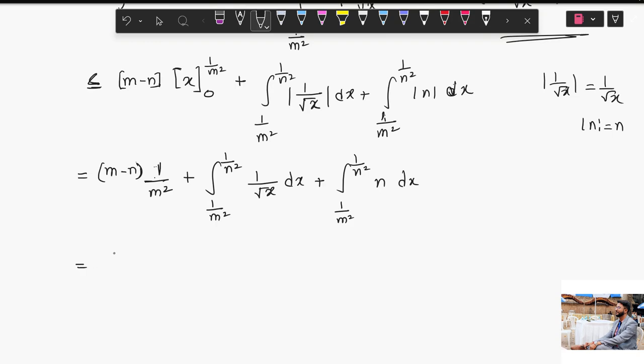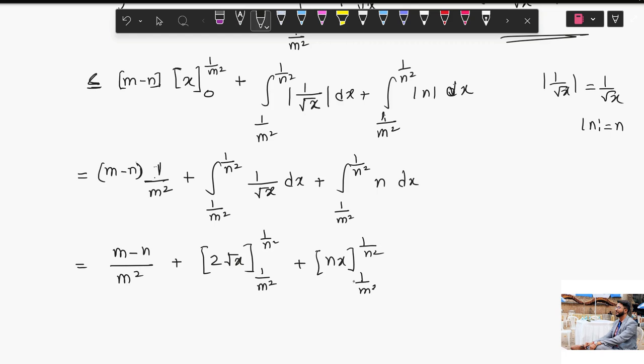So this is nothing but m minus n by m square plus the integration of 1 by root x, which is 2 root x, taken from 1 by m square to 1 by n square, plus nx, again from 1 by m square to 1 by n square.